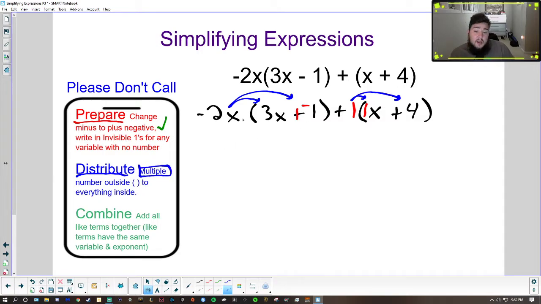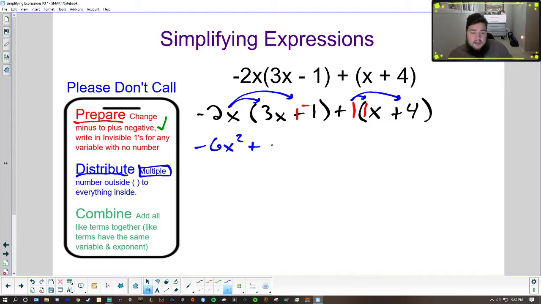We're multiplying. So I'm going to start by doing negative 2x times 3x. I'm first going to multiply the numbers in front. Negative 2 times 3 is negative 6. x and x, so x times x is x squared. Next, I'm going to multiply negative 2x times negative 1.